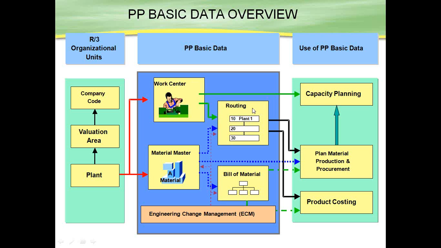And my routing is a list of operations; I'll tell you in detail. The actual cost of the product will be calculated in product costing. And the material master will have a link with my company code, valuation area, and plant, because every material definitely has some value.